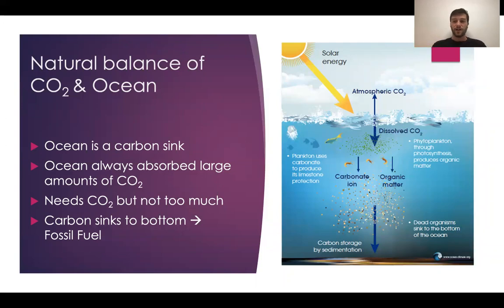So there's a lot of carbon dioxide that goes into the ocean and never comes out. This is the way it's always been, but due to increased carbon outputs, we're seeing a change in the pH levels of the ocean. More carbon's going in, and this is affecting the dynamics of the ocean.